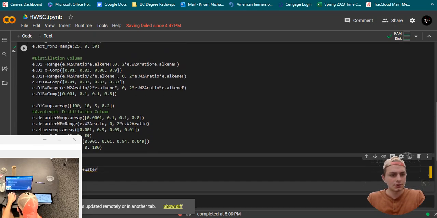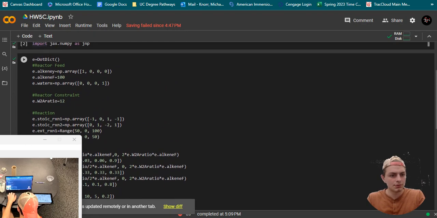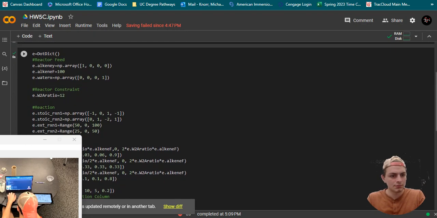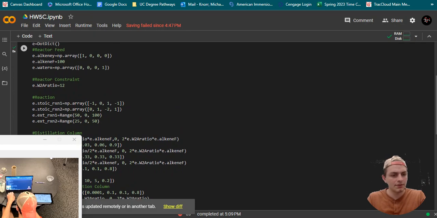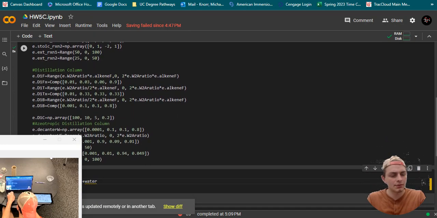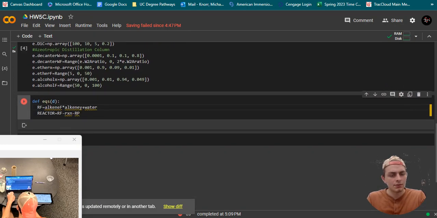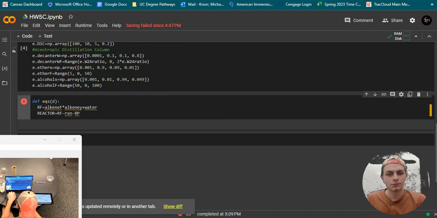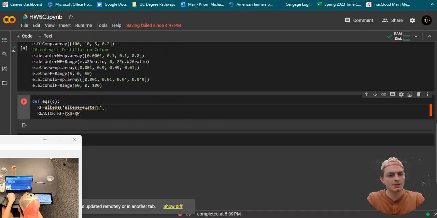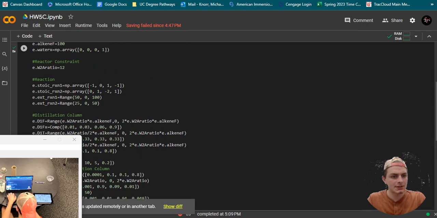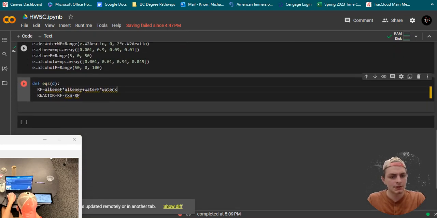Did we never define a flow rate for our water? We'll have to do that in just a moment. Water flow rate multiplied by water mole fraction, which was X, yes.